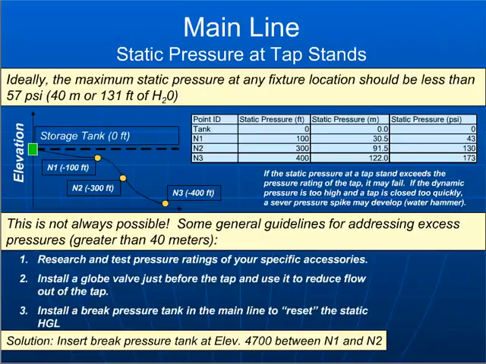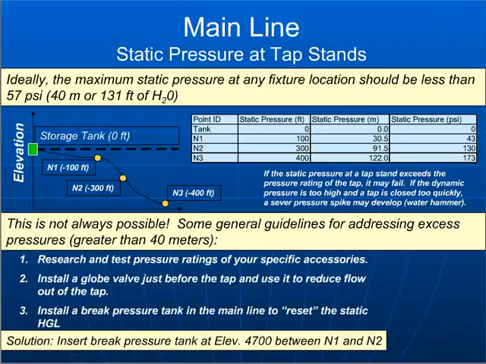The goal, or what people typically try to shoot for in designing these systems, is to limit that maximum static pressure at any of your fixtures to about 40 meters, 130 feet of H2O, or 57 psi.